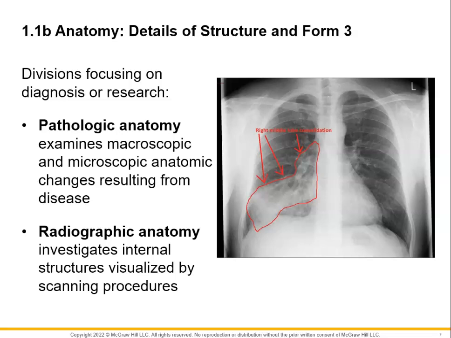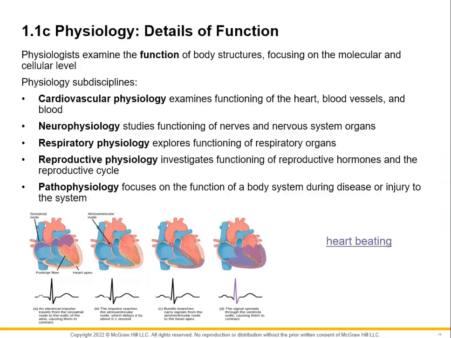Radiographic anatomy allows us to visualize internal structures using several different types of technology. One of the more common that we're all aware of, of course, would be X-ray technology, but there's also ultrasound, MRIs, PET scans, and CT scans.